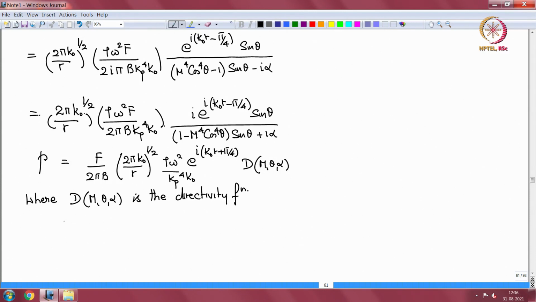okay, given by D(m, θ, α) is equal to sin θ by 1 minus m to the power 4 cos⁴θ sin θ plus i α. Okay.